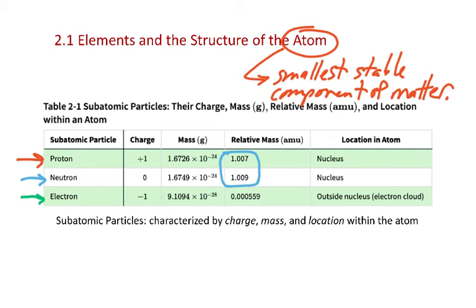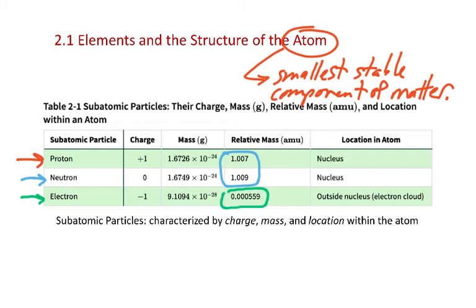It has a mass approximately 2,000 times less than the other two. So the relative mass is 0.000559. It's found outside the nucleus. So we can characterize these subatomic particles by their charge, by their mass, and by their location. So where are they found?